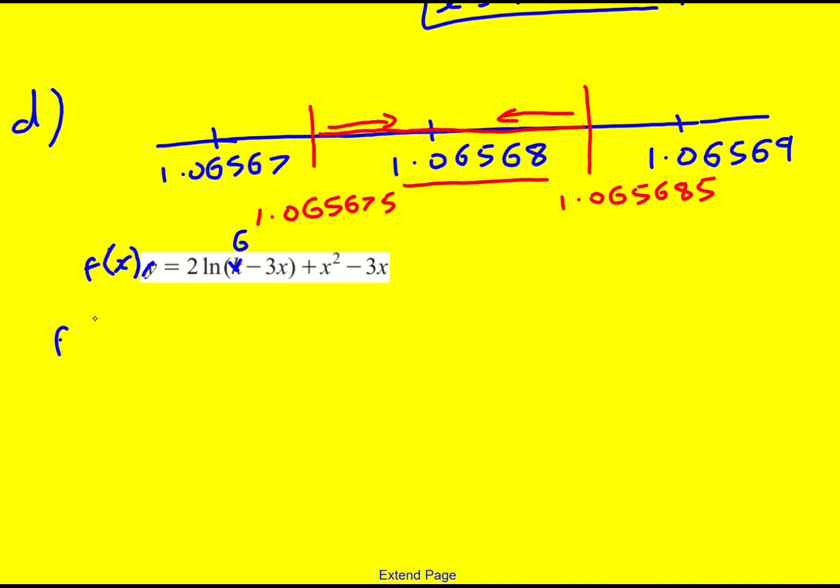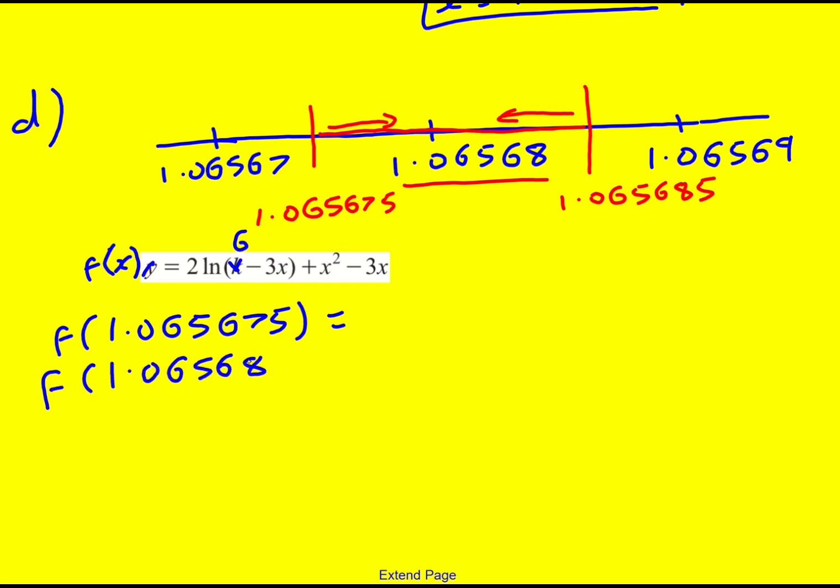Okay, so let's take a look at f of 1.065675 and then 1.065685.